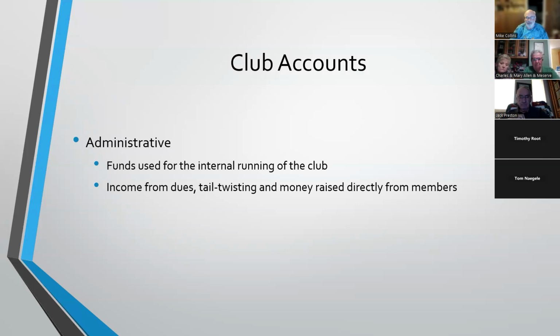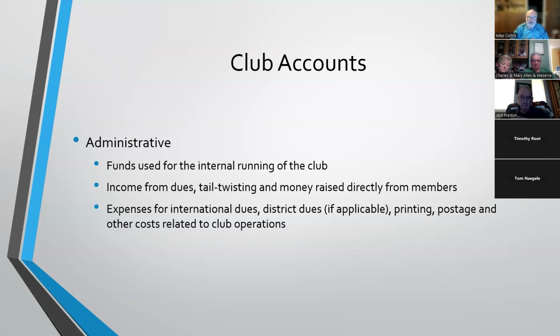Basically, although there is another way to make administrative monies, but typically it's dues, tail twisting, and things directly from your members. They pay their dues through your club. The expenses paid are International dues, district dues, printing, postage, et cetera.